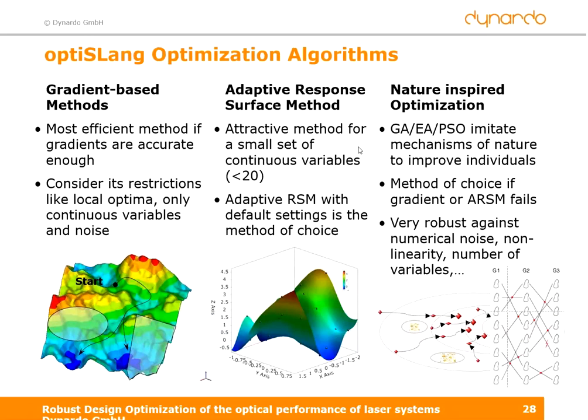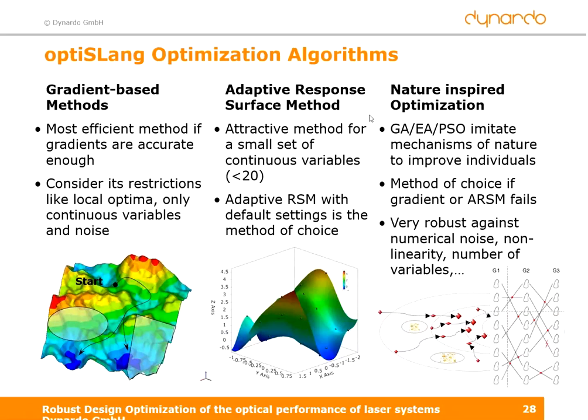And if it's getting even more sophisticated, with very high numerical noise, nonlinearities and a very high number of variables, the nature-inspired optimization methods are the best. To these belong the genetic algorithm, the evolutionary algorithm, and the particle swarm optimization.